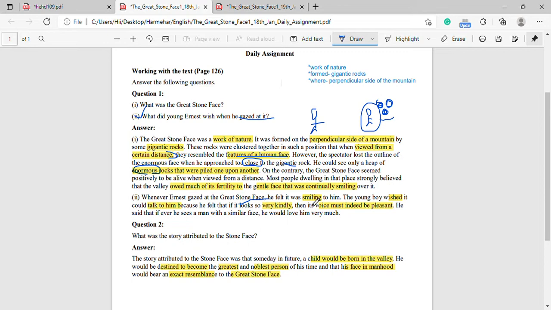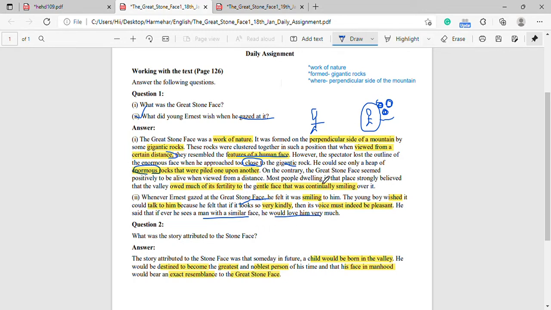He wished that he could talk to it because the Great Stone Face looked so kind that Ernest thought its voice must be so kind, humble and pleasant to hear. He said that if he ever sees a man with such a face, if the prophecy comes true, he would love that man so much.